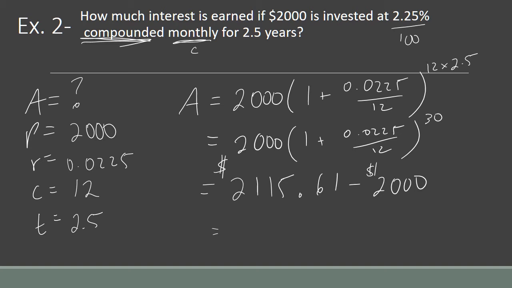Which in this case, take away your $2,000, you're left with $115.61. And that is our interest earned. And of course, our therefore statement.